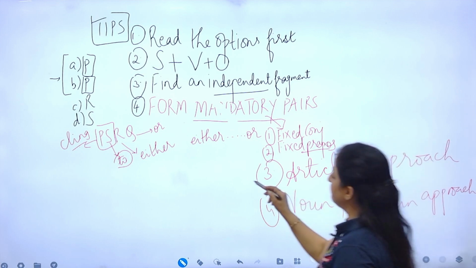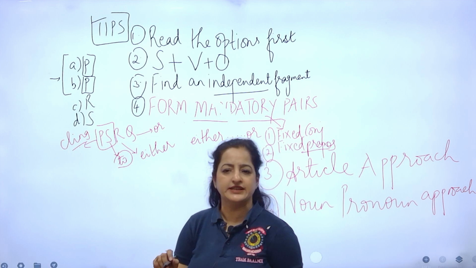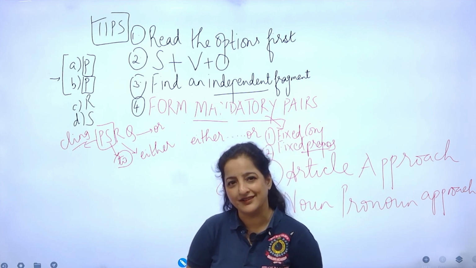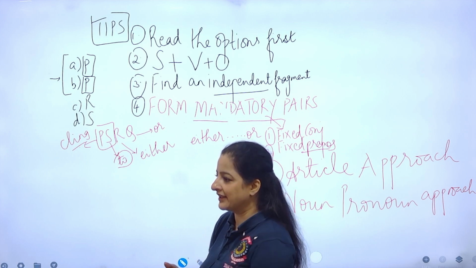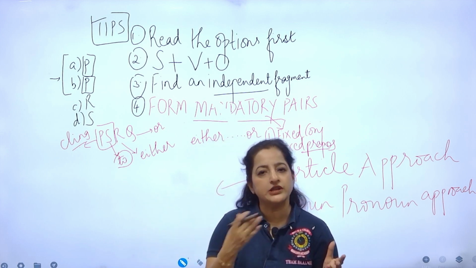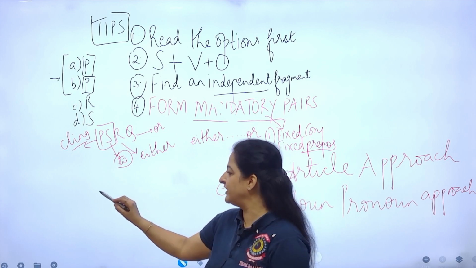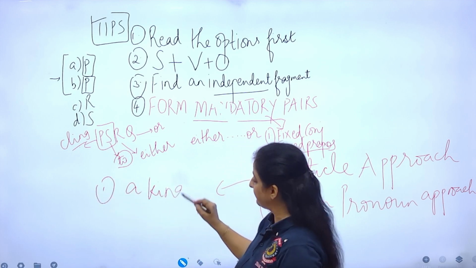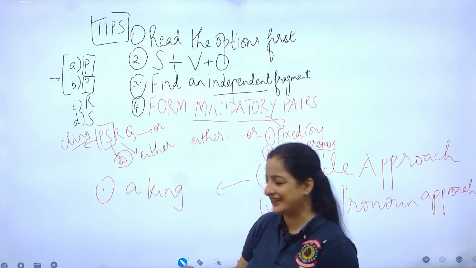Now, what I mean by the article approach is that article A will always come before article the. We know this. For example, let's say we're writing a story. My first line says, once upon a time, there was a king. What do I say in the second line?